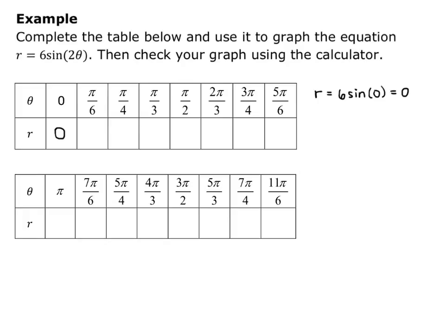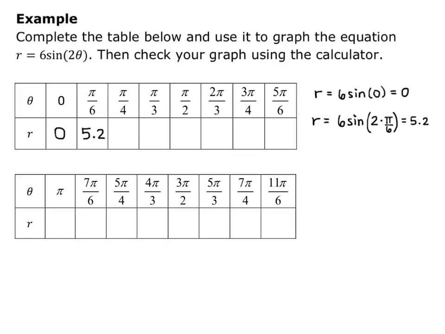When theta is pi over 6, I'm going to have r equals 6 sine of 2 times pi over 6, which when I put that in my calculator, I get 5.2. It's really important that you're in radian mode, otherwise you'll get some wacky answer. And we're going to go ahead and give the decimal rounded to the nearest tenth because we're just trying to get a point on our graph.